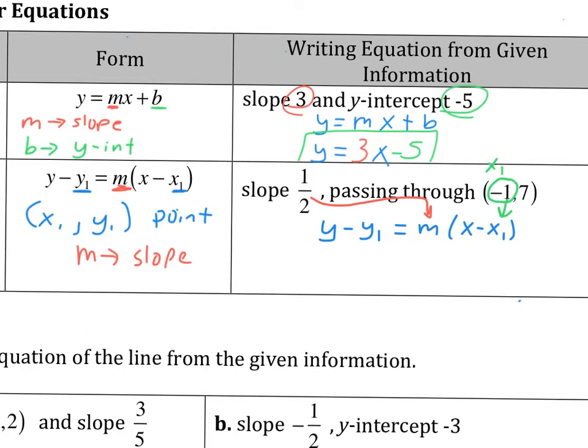And lastly, the 7 goes in for the y1. Because y1 means it's a specific point. X means any number that you put in, you get something out, and that's what the y is. And that's why x and y are my variables. They change, but x1 is a specific point. It's actually a number. We just didn't know it yet.